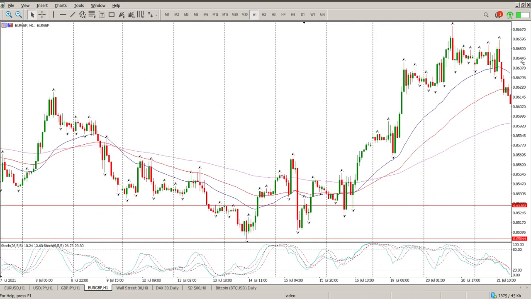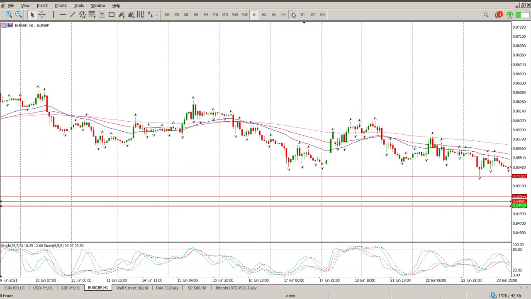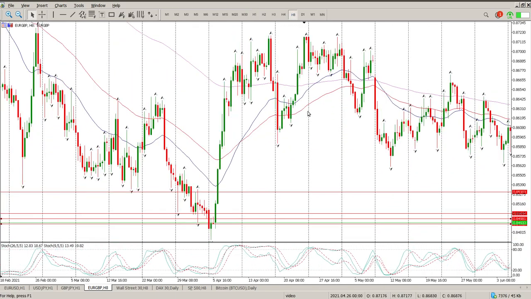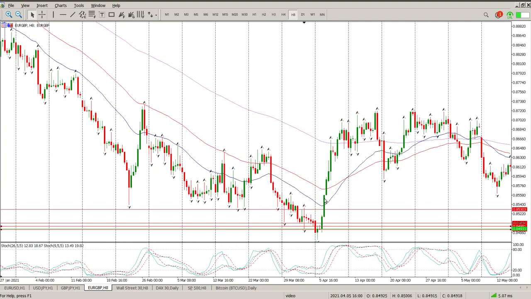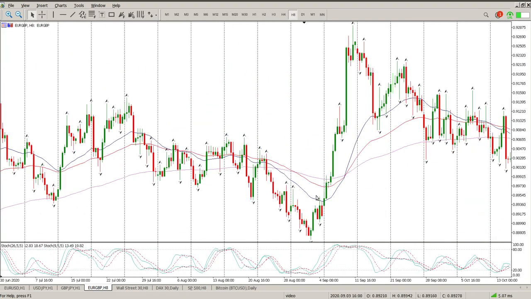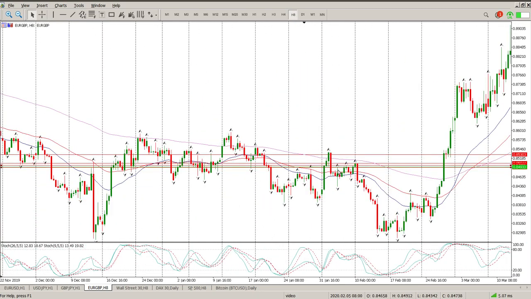The key thing about the short here is if you head to the left on the higher time frame, you'll see we've got a little bit of resistance here, which is now support, and then we've got the structure here as well. So it's going to be a short move to the downside. It's not going to be something massive.